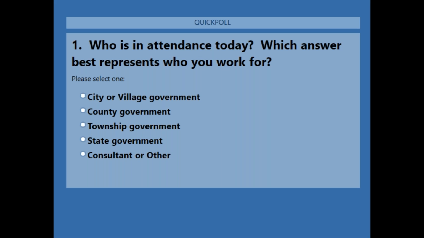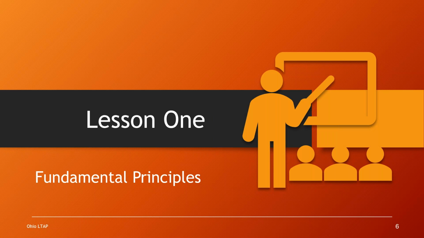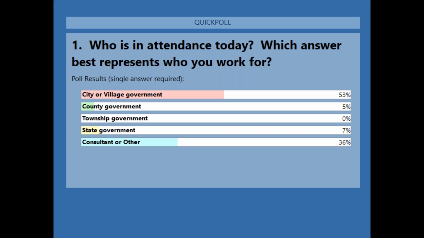So Ray, the results are 53% of this group is with city or village government, 5% is with county government, 0% with township, 7% with state government, and 36% said consultant or other.